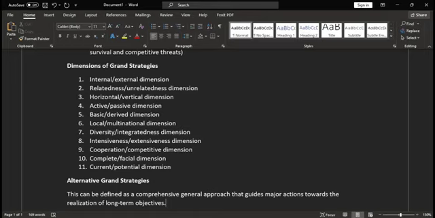The discussion of grand strategies are attractive conceptual academic packages which certain problems have restricted their use in practice.